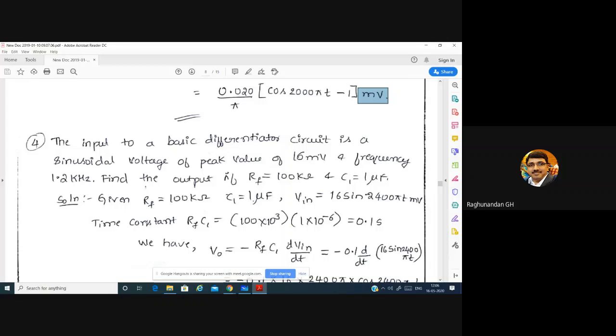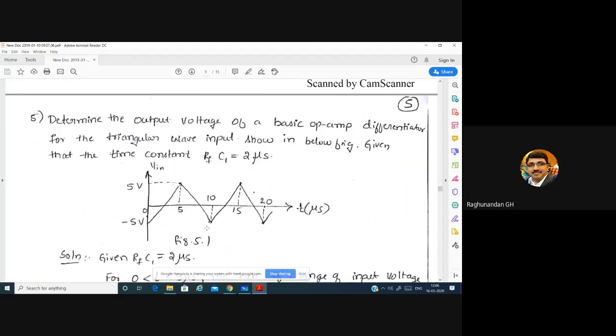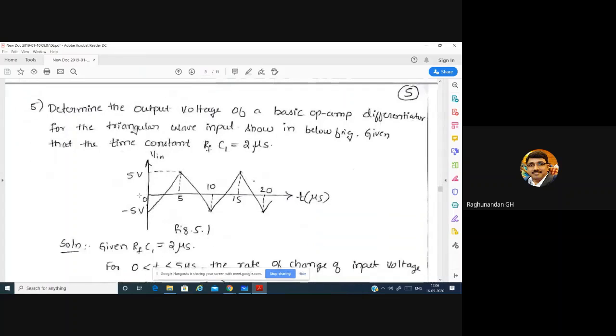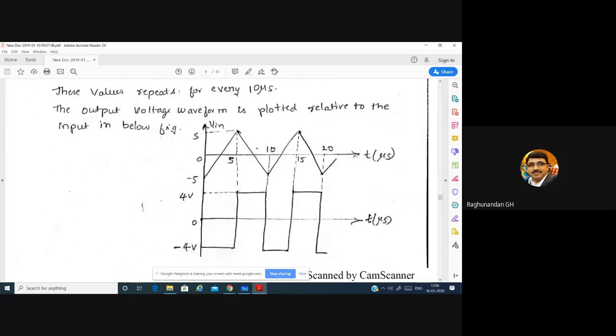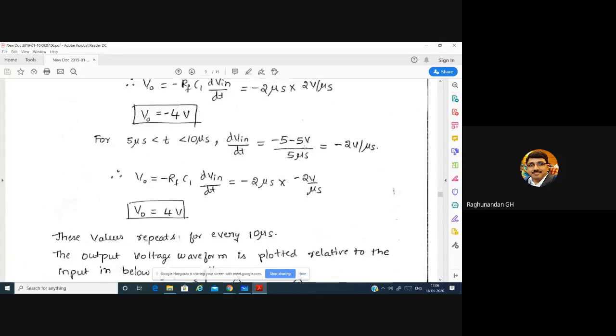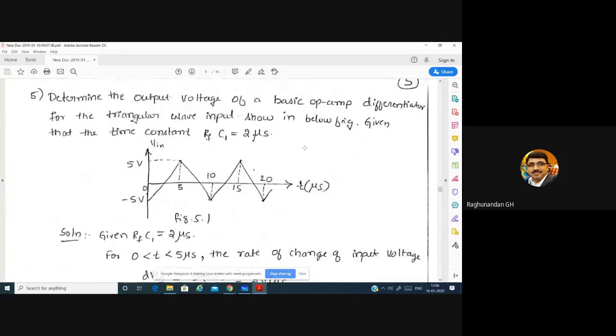Why we have to find out all these things, in the next part I will discuss. In the next part, I have asked you to plot it. They have asked to plot the waveform, so during that time we need the time period.